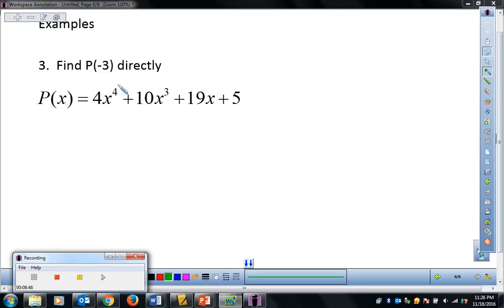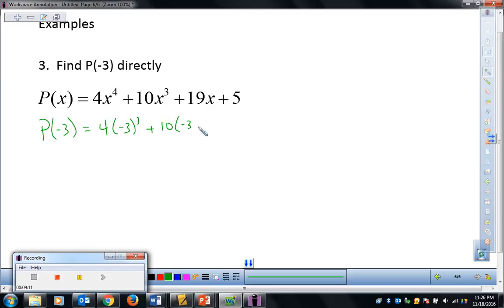So p of negative 3 tells me I'm going to plug in negative 3 for all the x values of that polynomial. So p of negative 3 equals 4 times negative 3 to the 4th, plus 10 times negative 3 to the 3rd, plus 19 times negative 3, plus 5.